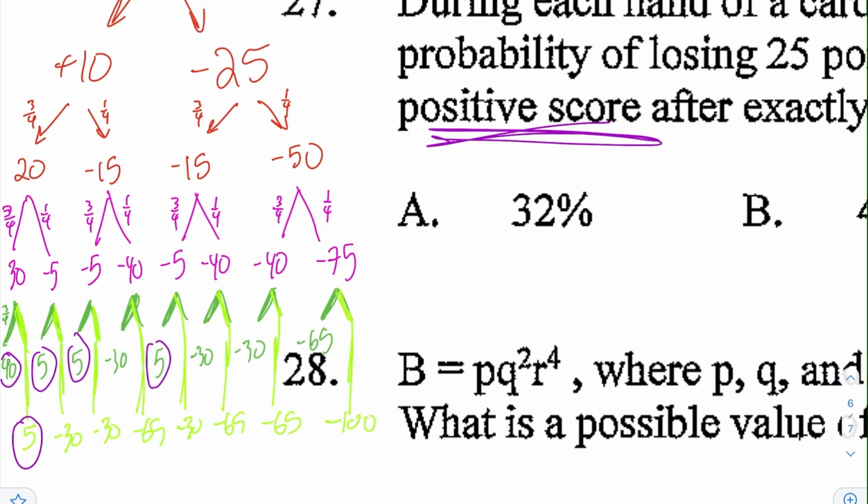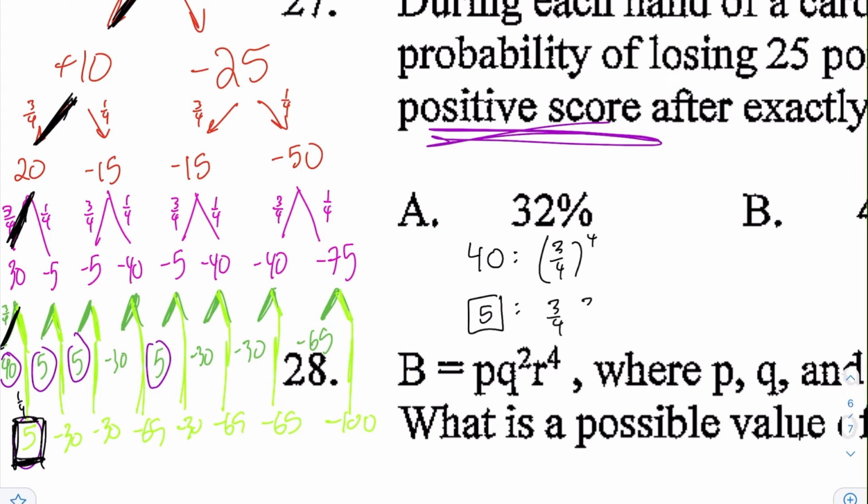To get to the 40 point, that's 3/4 times 3/4 times 3/4 times 3/4, that's 3/4 to the 4th power. To get to the first 5, it's 3/4, 3/4, and 3/4, and then 1/4 here. That's 3/4 times 3/4 times 3/4 times 1/4.